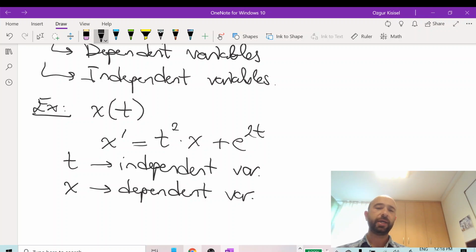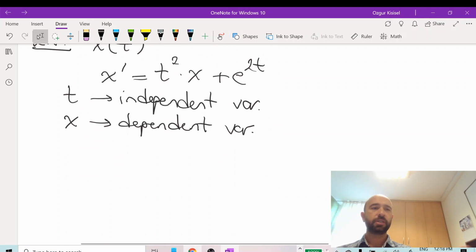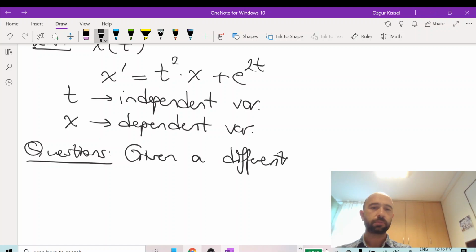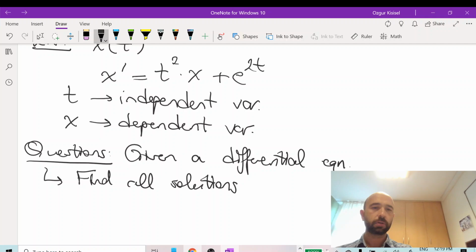Okay, so what can you ask about differential equations? Typical questions are, given a differential equation, one often would like to find all solutions. That's one possible question. An alternative question could be to find a solution satisfying some additional conditions.